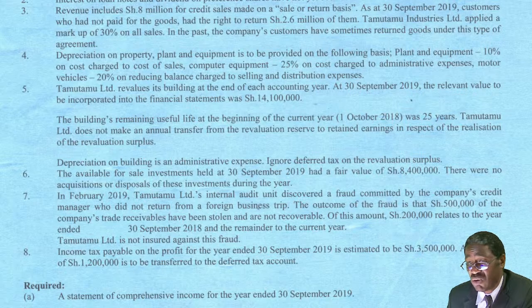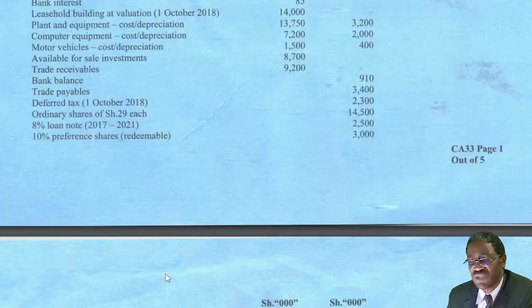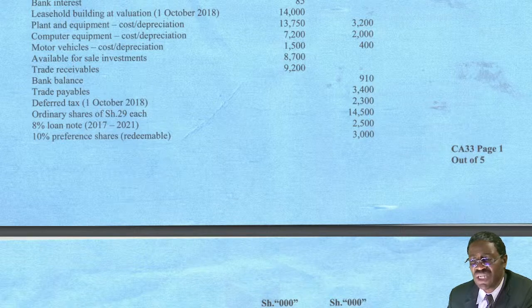That one I can talk about later. So that one we don't have to write down. But from the trial balance, what was the value? If you look at the trial balance up there, we are given available for sale investment as 8.7 million, or in other words, 8,700 from the trial balance up there.